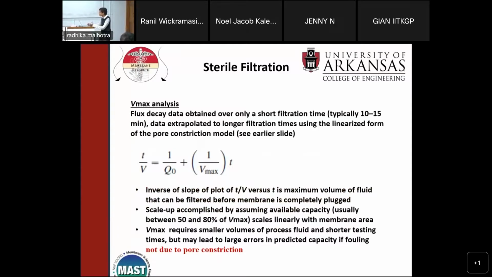The Vmax analysis is a different one. So the flux decay data obtained over only a short filtration time, typically 10 to 15 minutes, are then extrapolated to longer filtration times using the linearized form of the flow constriction model as shown here. So you get your data, right, for a short time, and then you plot it using this model here. But this is actually one of the equations I showed you earlier for pore constriction.